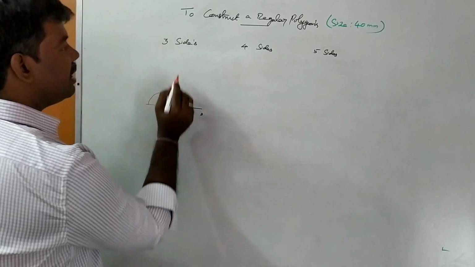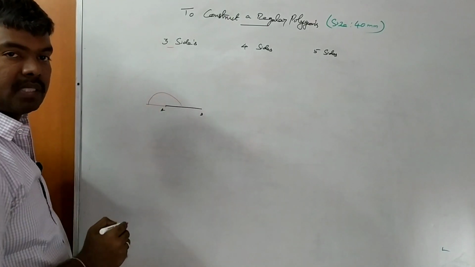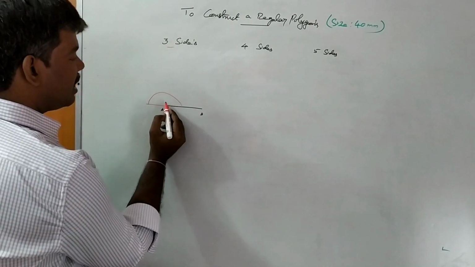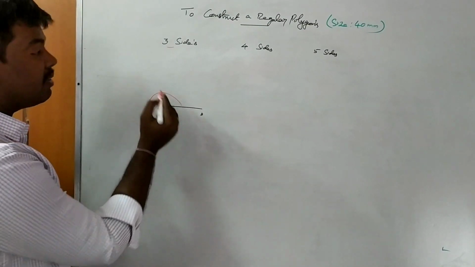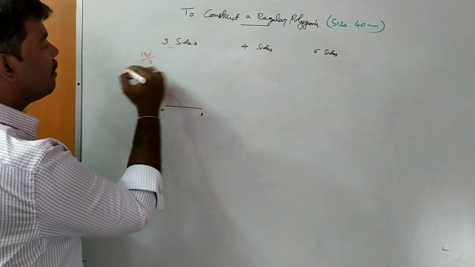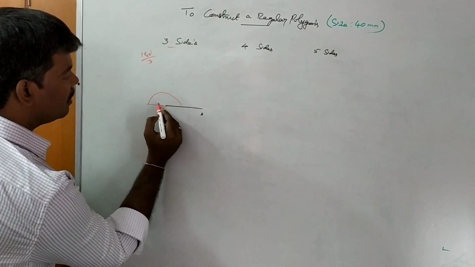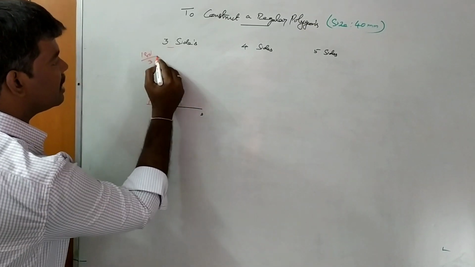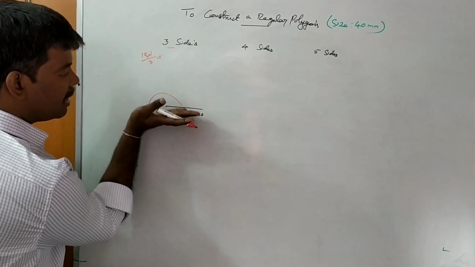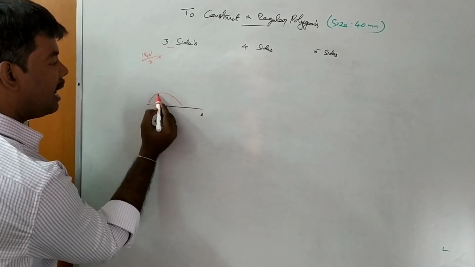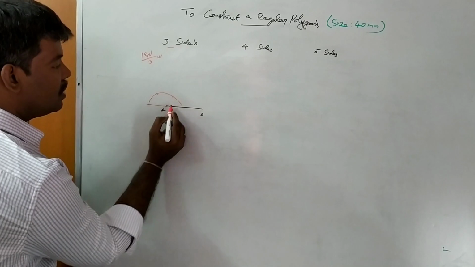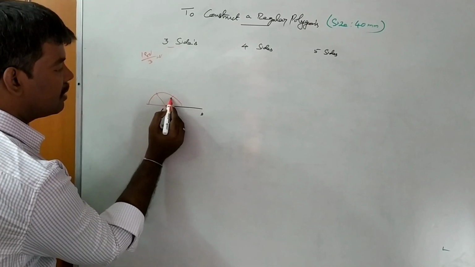The semicircle is divided into 3 equal parts. Understand? So the semicircle divided into 3 equal parts means 180 divided by 3. So how much angle? 60 degrees. So from here to here 60 degrees, another 60 degrees. Clear? So we get 3 parts.